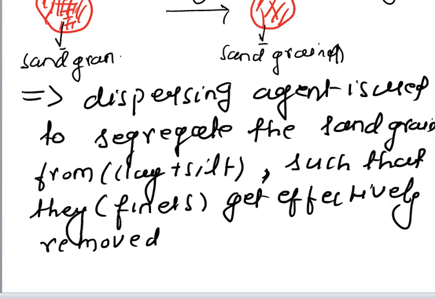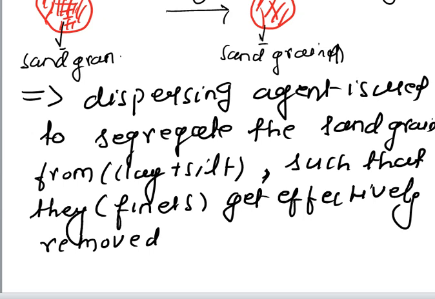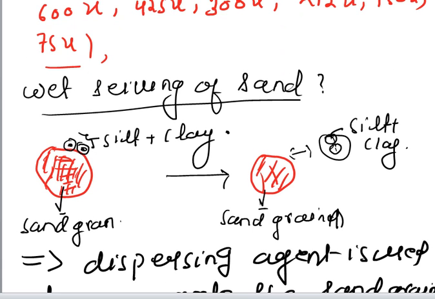It will be erroneous. You will get an erroneous result. Why? Because clay and silt are, in nature, sticky. Hence they stick to the surface of the sand grain. Also they make attachment with the next adjacent sand grains.